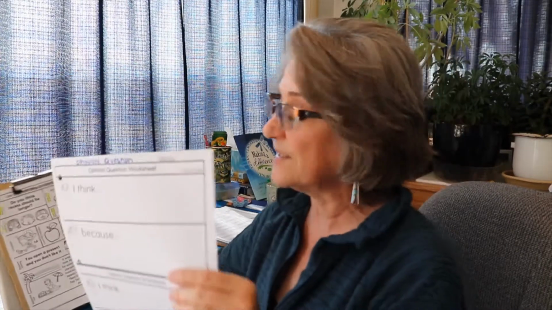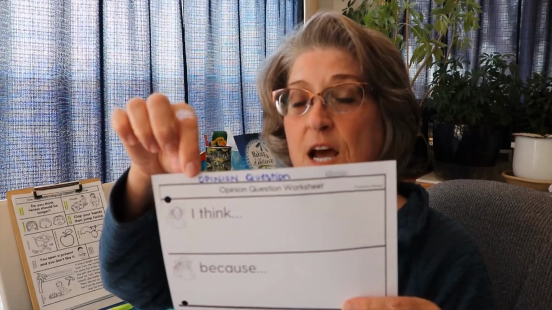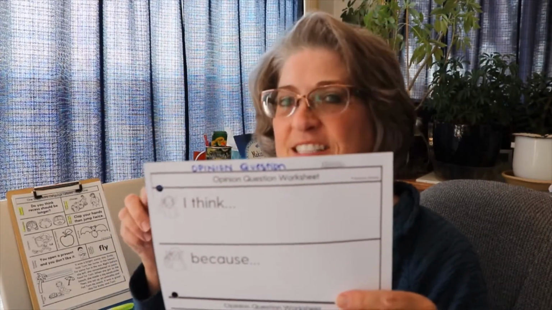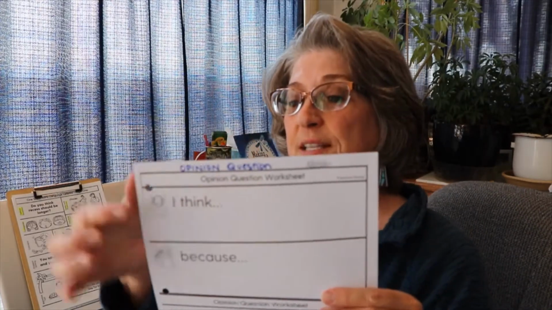And if you'll notice, as we go through and look at the worksheets, I actually have written at the top in blue, "this goes with the opinion question." Some of these are pretty obvious, and some are not quite so obvious, so we'll go through it as we go. But opinion question, that's what this goes with, and that's the box that's right here.